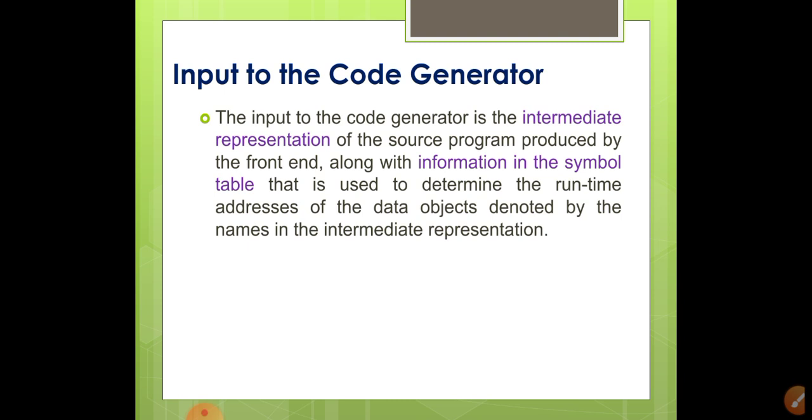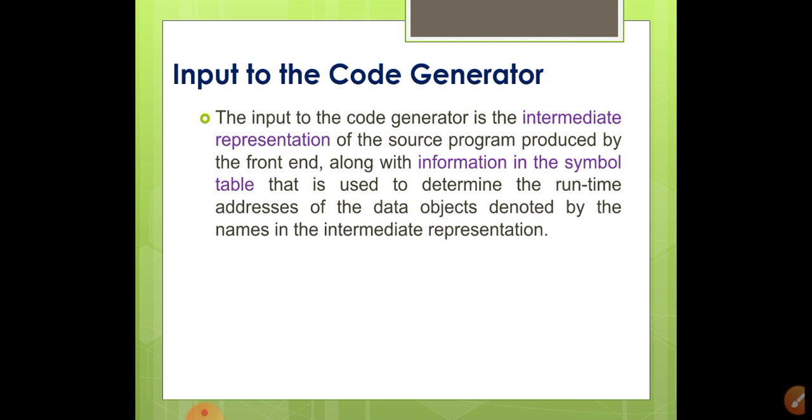The second input that code generation gets is from the symbol table manager, because the symbol table manager contains the information about the identifiers. Not only identifiers, the complete information about the identifier: name, type, address, size, location, or something else.